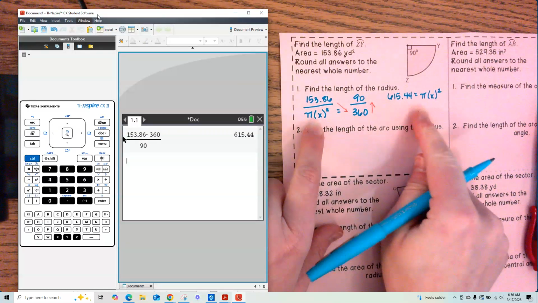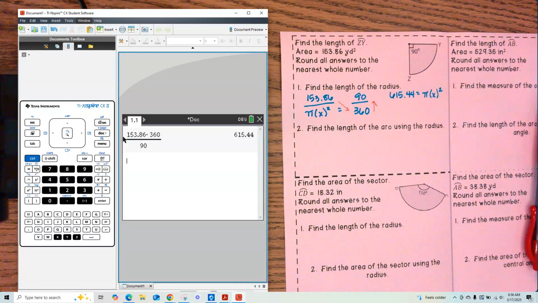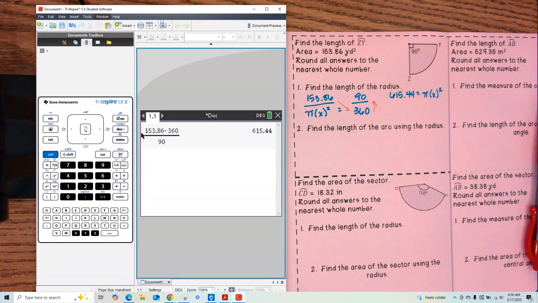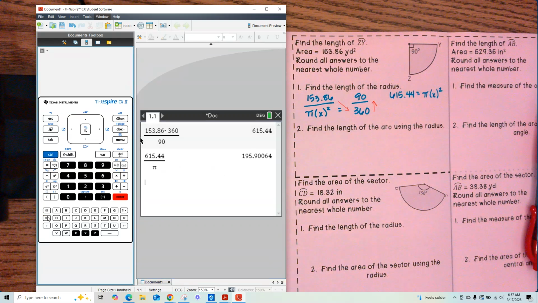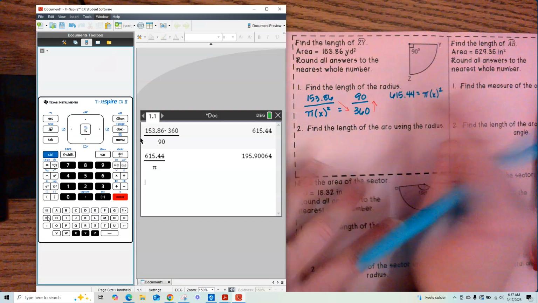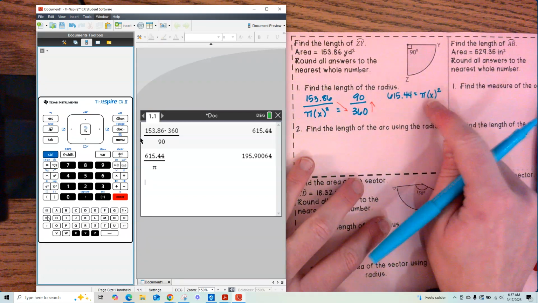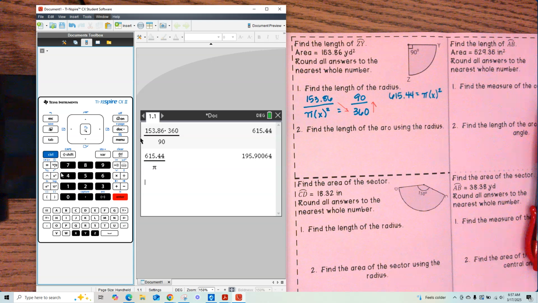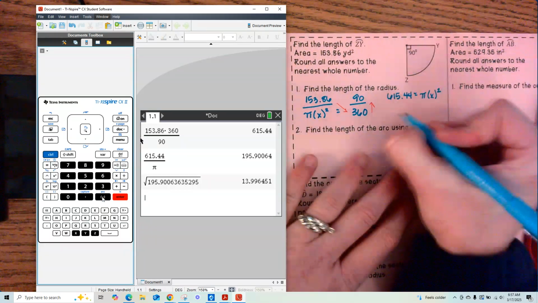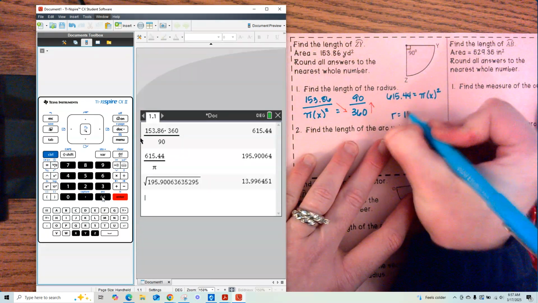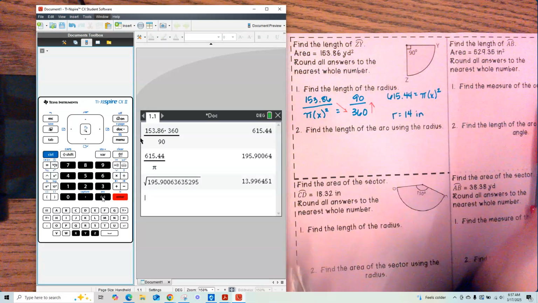So to find out what x is, I'm going to do this all in one step on the calculator so I don't have to type long, crazy decimals in. I'm going to divide my answer by pi. Okay, so now that number is equal to just x squared. So I'm going to square root it. So do the square root and then do control negative to put your answer in there. And then we can round it up. Our radius is going to be 14 inches.